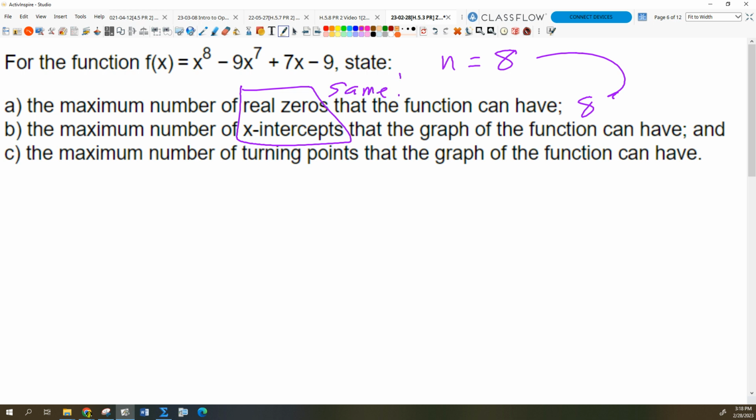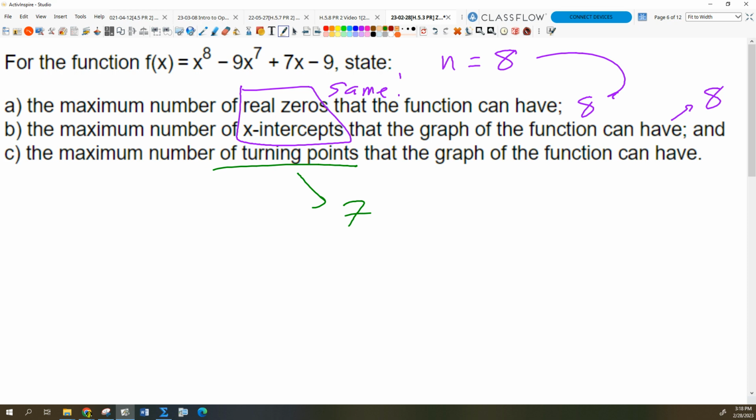So this is 8. What's the maximum number of turning points? 7. 1 less. Okay, good.